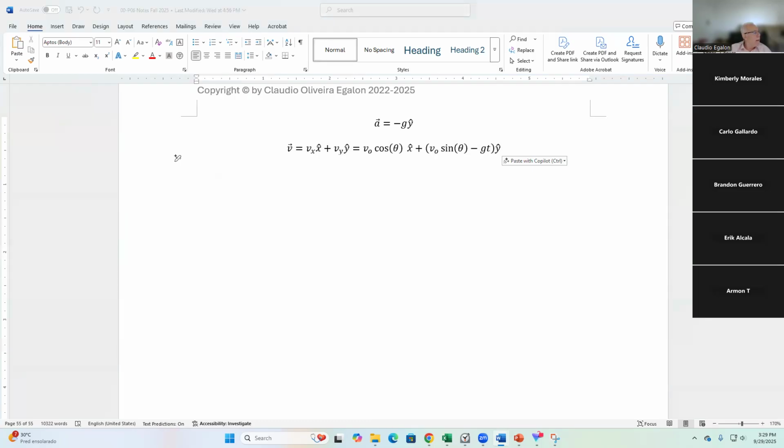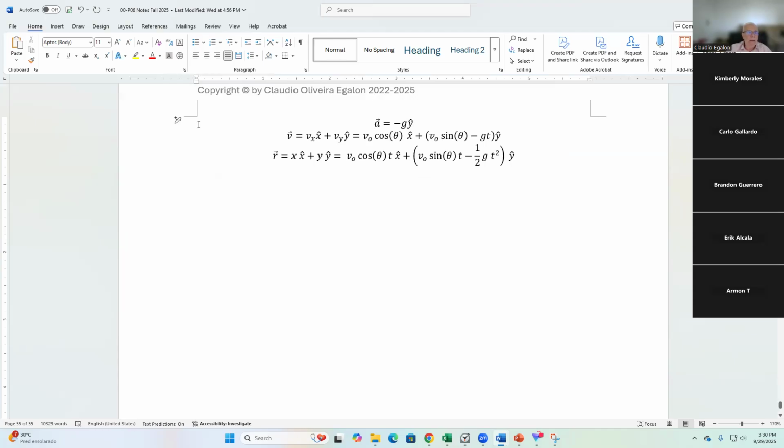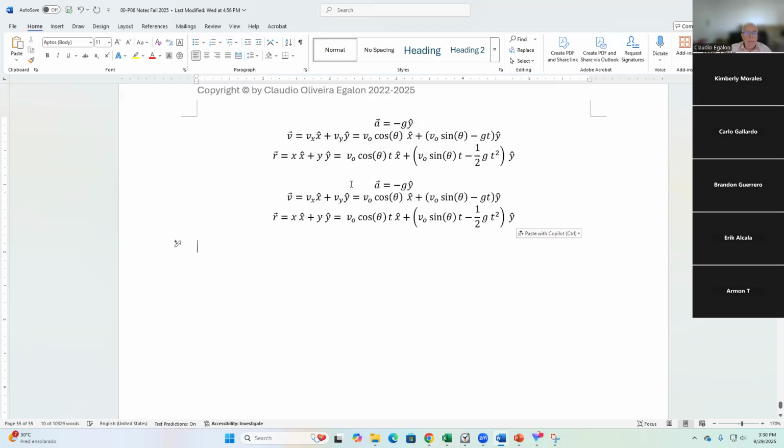And then the position vector. The position vector, x hat, y hat. Right? And let me eliminate the middle term here to get a more compact notation.